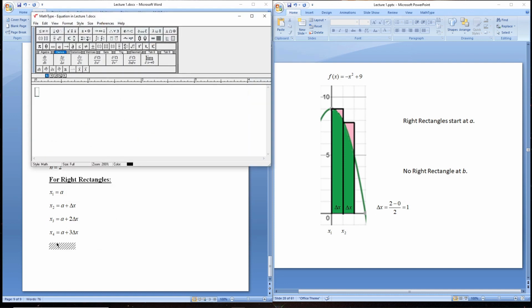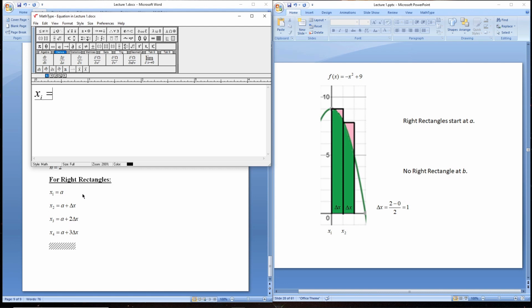So notice, x sub 4 has a 3 here, x sub 3 has a 2, x sub 2 has a 1, and x sub 1 has a 0. And so from just recognizing this pattern, we can determine what the general formula for x sub i is. In other words, any point you want.